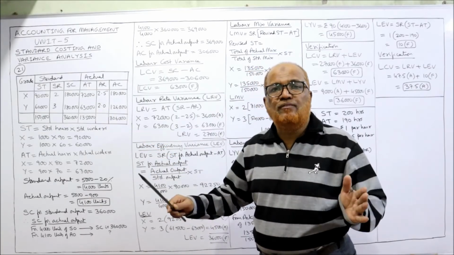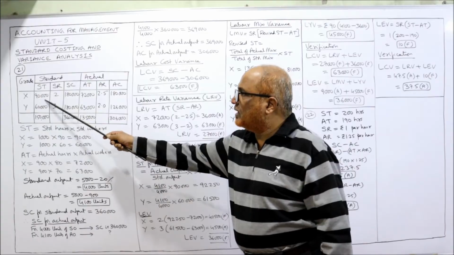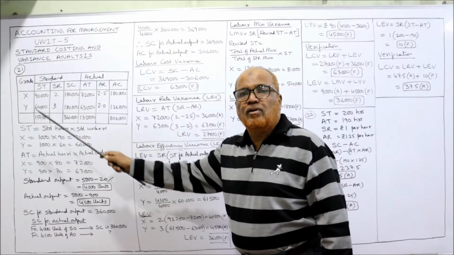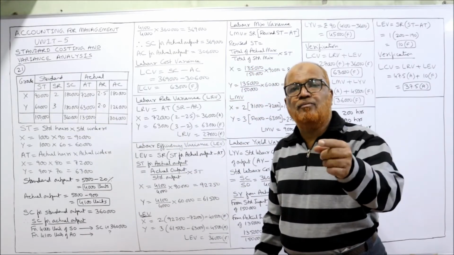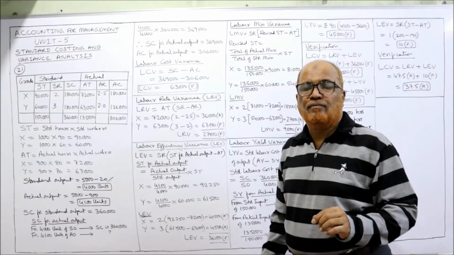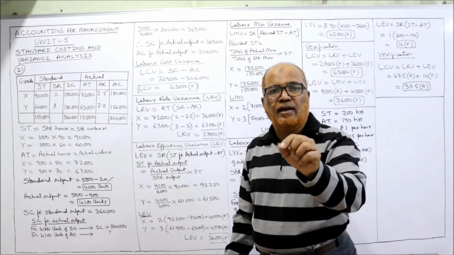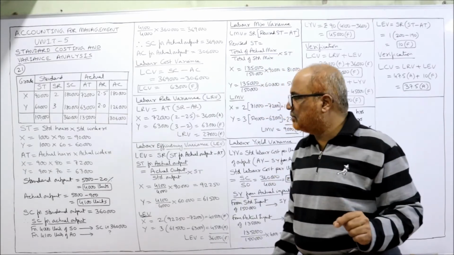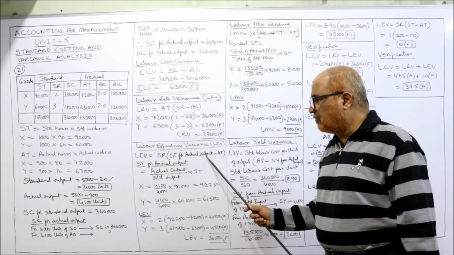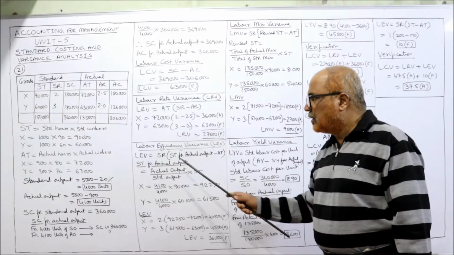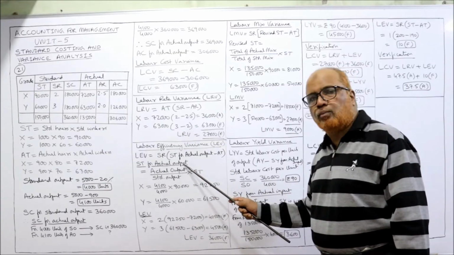The outputs are different. That's why directly we cannot take. We have to convert the standard time for actual output. Keep a notebook ready and note down whatever points I am telling now.